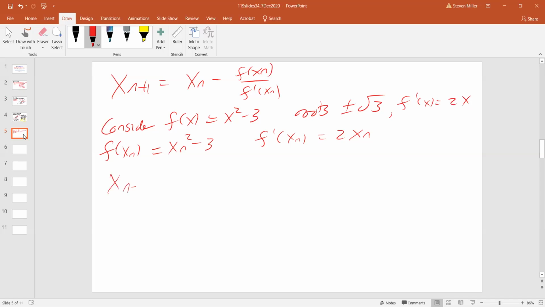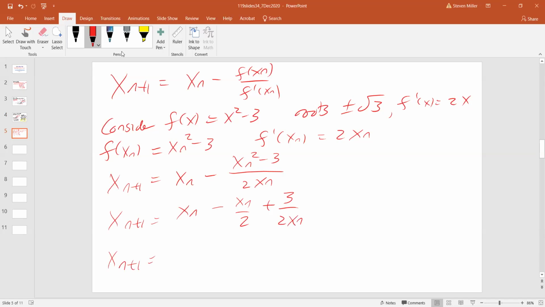And we get xn+1 is xn minus f of xn, so xn squared minus 3 over 2xn. So xn+1 is xn minus xn over 2 plus 3 over 2xn. So xn+1 is going to just be xn over 2 plus 3 over 2xn. I can pull out the 1/2, and I get (1/2)(xn plus 3 over xn).